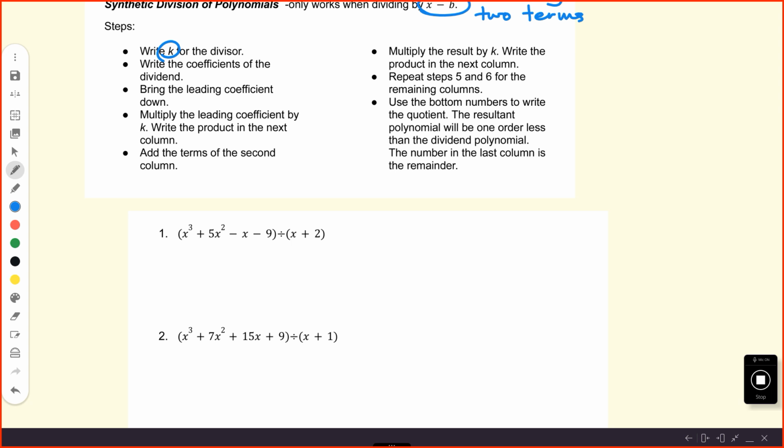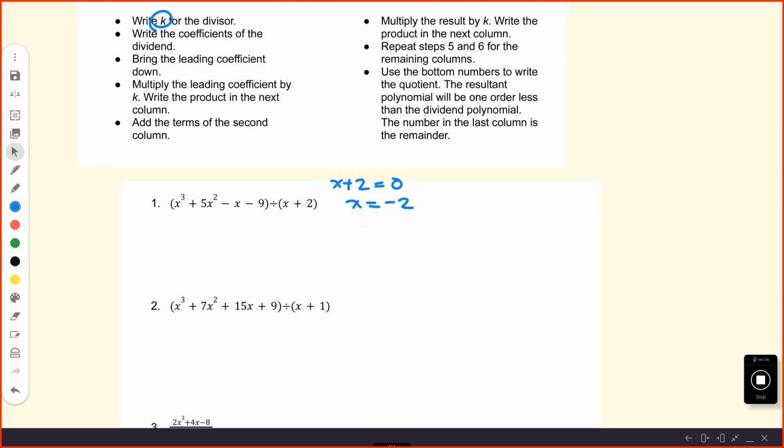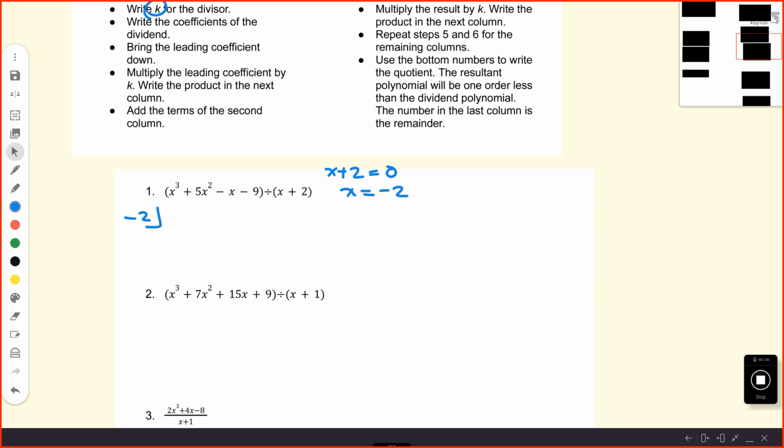So what's the x value here? -2. If you solve x plus 2 equals 0, x equals -2. That's the number you're going to put in this operation, inside the symbol for synthetic division.